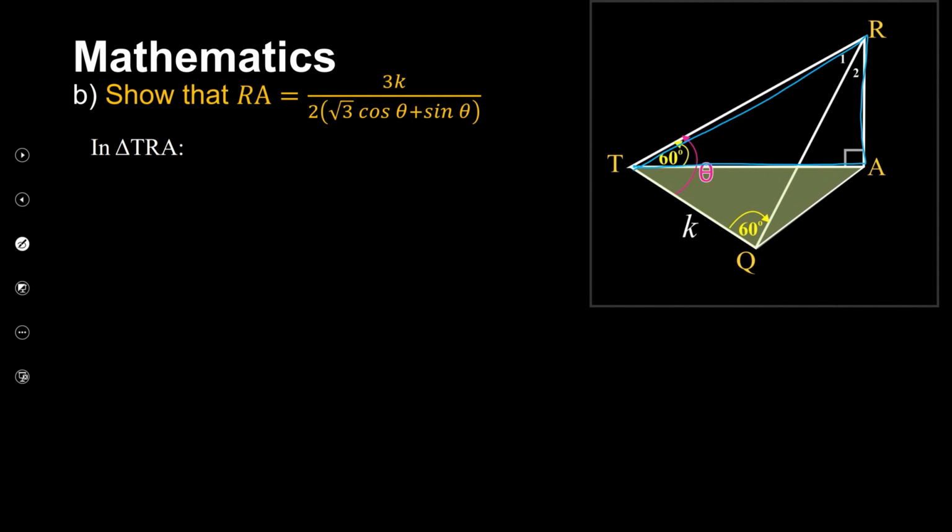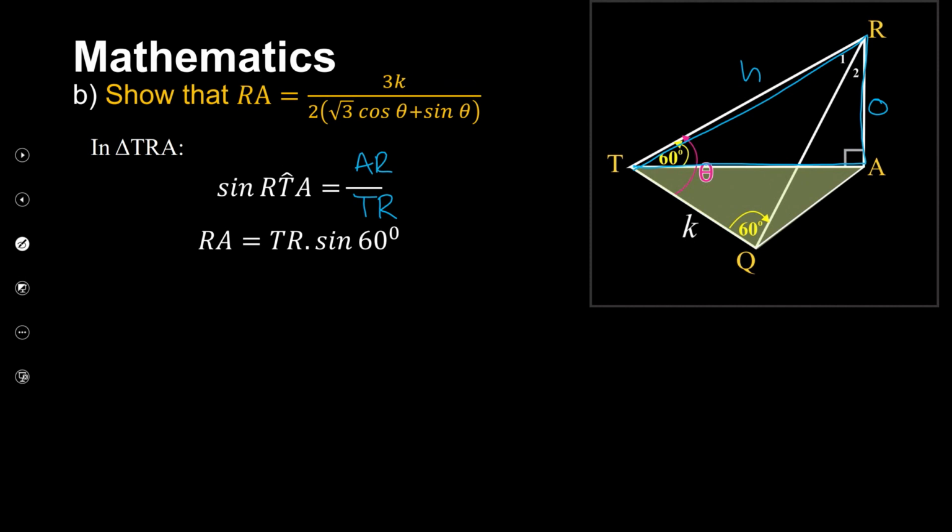Okay, and remember, we said we're going to use sine of RTA. So sine of 60 is equal to opposite over hypotenuse. So it's equal to AR over RT or TR.